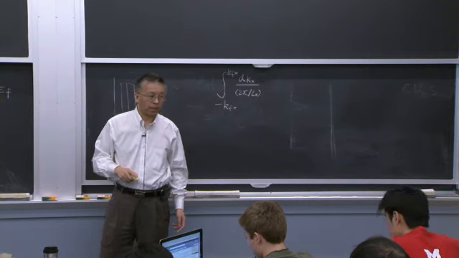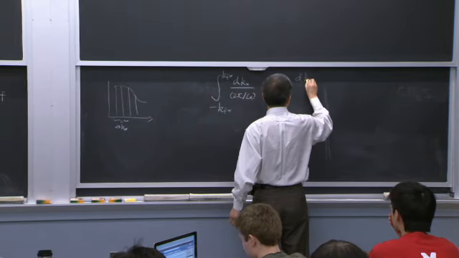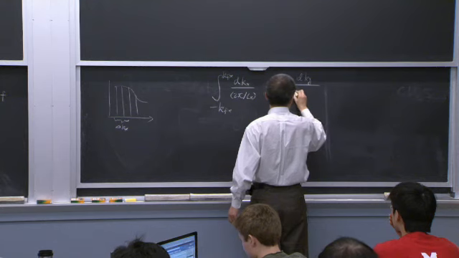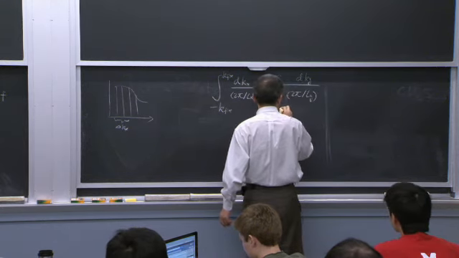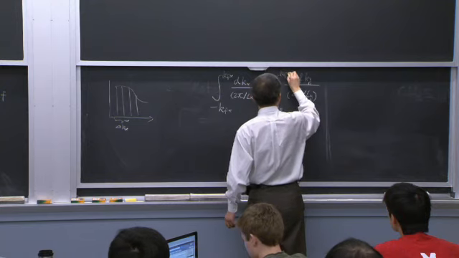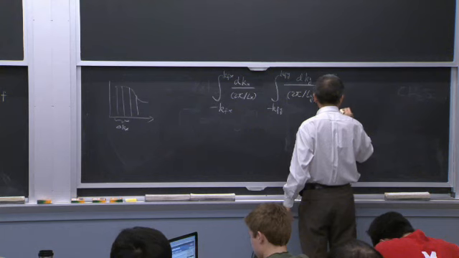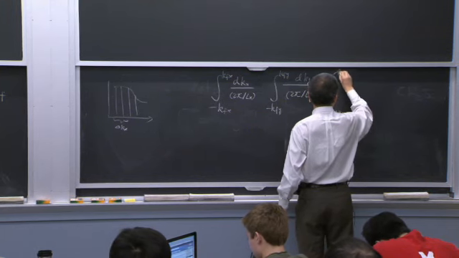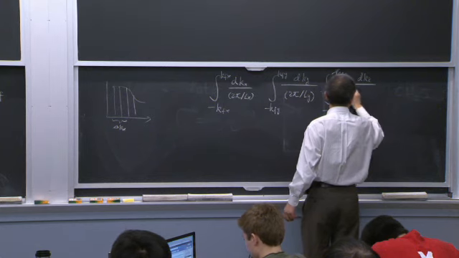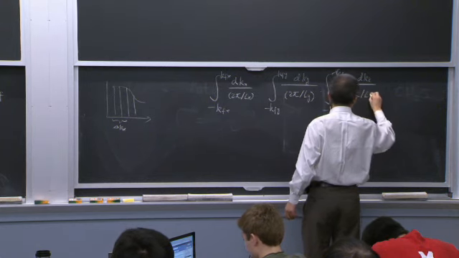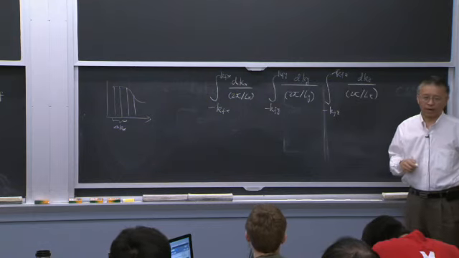Okay? And I do the same for dKy over 2 pi over Ly, from minus Kfy to Kfy, and for Kfz, dKz over 2 pi over Lz. And that integration is over 1.